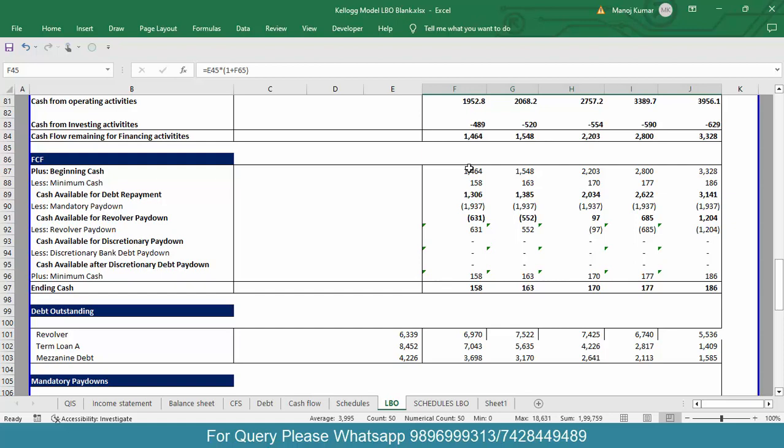We will use the cash that the company will generate to pay the debt, and the debt will be paid down significantly over the next 4-5 years. After 4-5 years, we will sell the company, and the remaining debt will also be paid from those cash flows. Now the cash which will be left for the equity owners after 5 years, we will calculate the IRR. That is the main concept here.